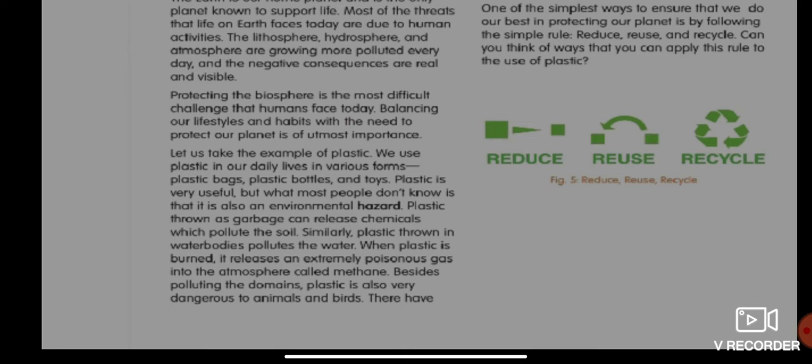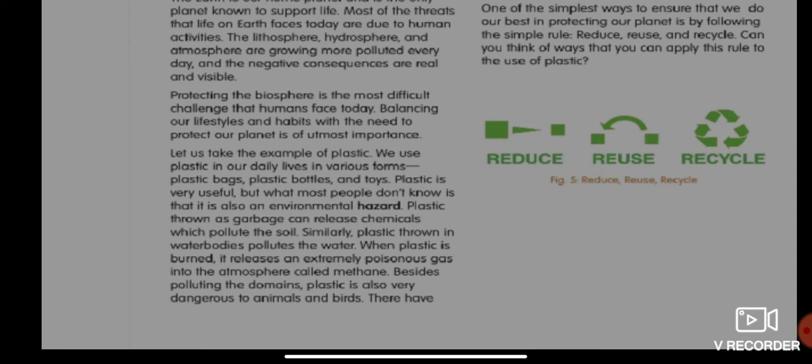Let us take the example of plastic. We use plastic in our daily lives in various forms: plastic bags, plastic bottles, and toys. Plastic is very useful, but what most people don't know is that it is also an environmental hazard. Plastic thrown as garbage can release chemicals which pollute the soil.